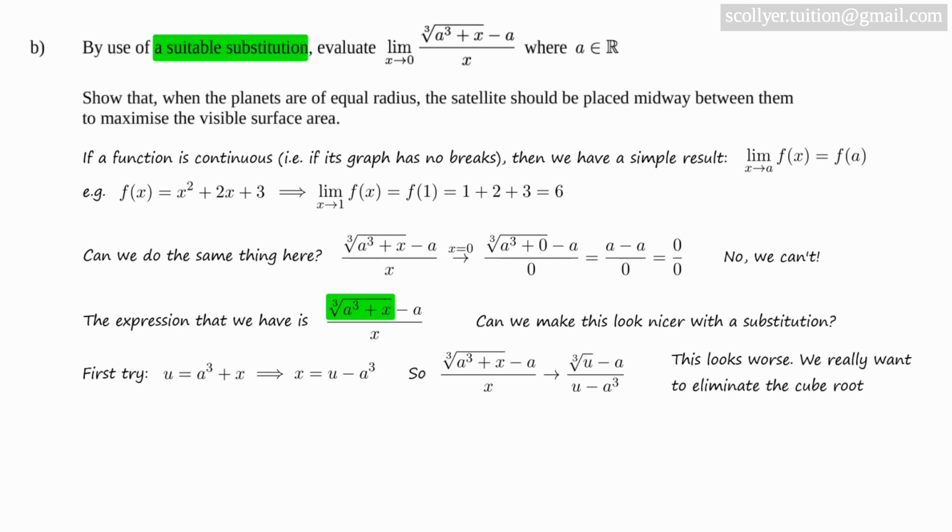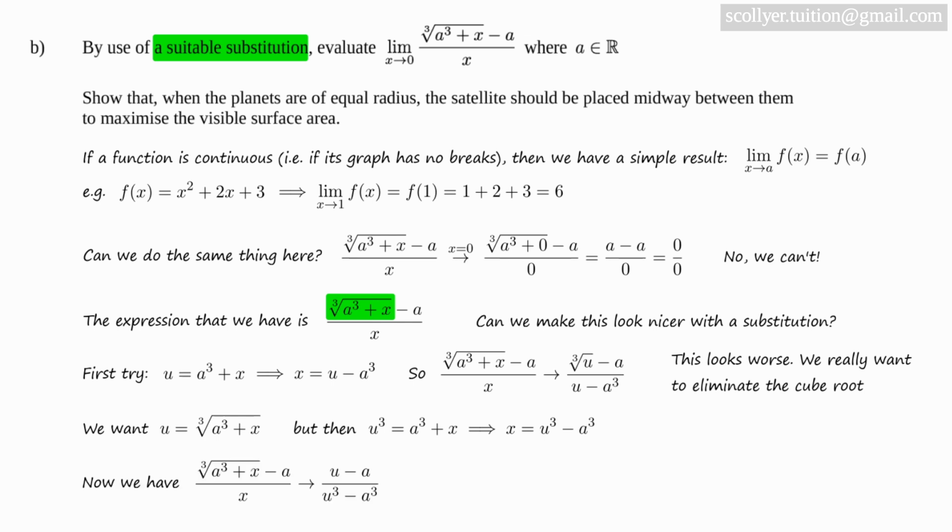And what we really want to do is to eliminate the cube root completely. I.e., what we want is the single variable u being equal to the unpleasant expression, the cube root of a cubed plus x, from which we find that u cubed equals a cubed plus x, so that x equals u cubed minus a cubed.